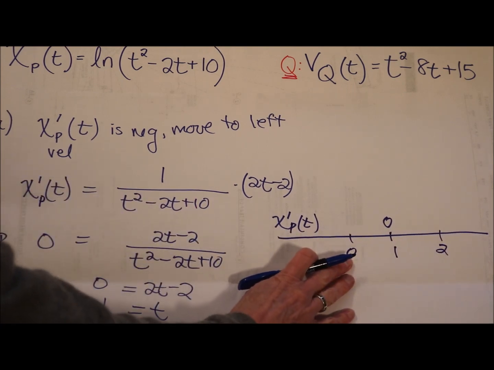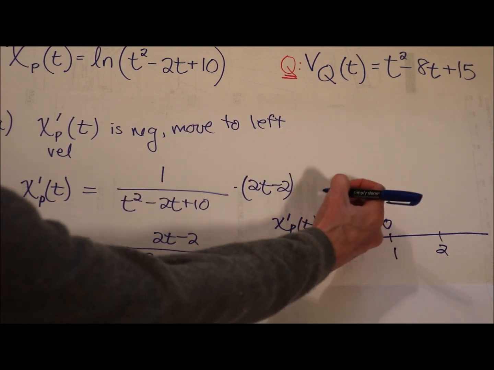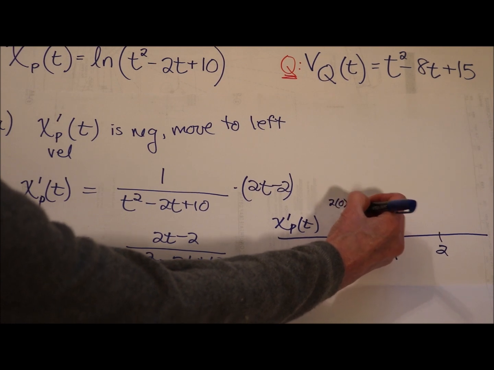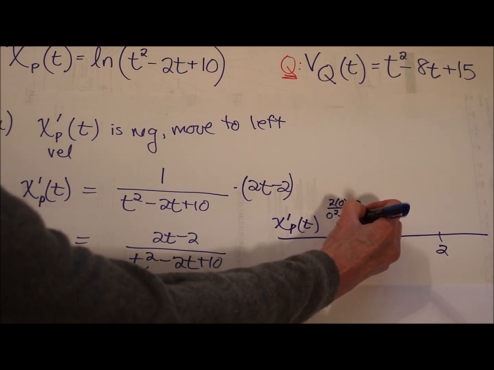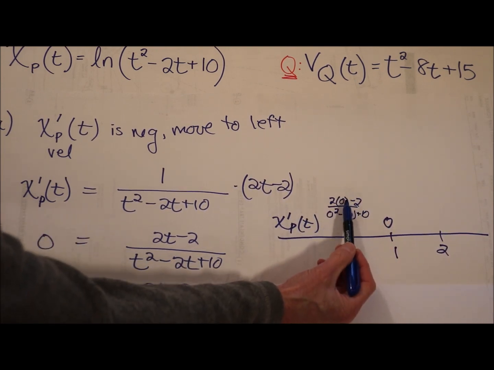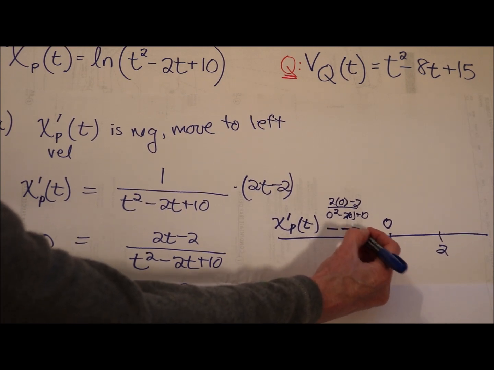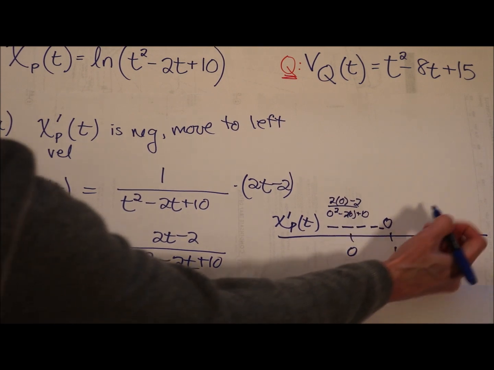So I'm going to plug 0 into my velocity here. That's going to be (2 times 0 minus 2) over (0 squared minus 2 times 0 plus 10). You don't have to write this part out. I'm just doing it. The top is negative. The bottom is going to be positive. So that gives me negative velocity. Now let's plug in 2.